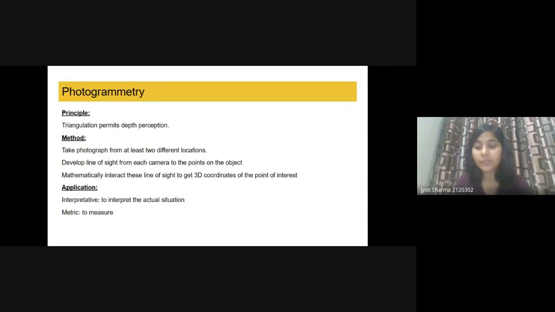But you can also measure how much of that land has been converted into agricultural land or grassland, so you have a quantitative value as well. This is the metric application. You can tell how many hectares or square kilometers of the area have been converted from forest to grassland.